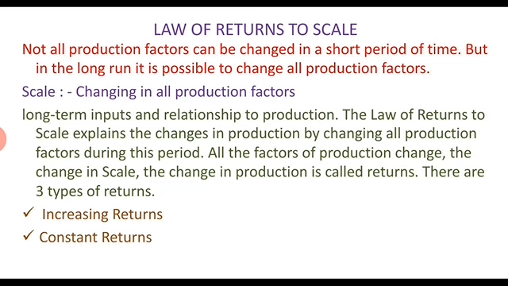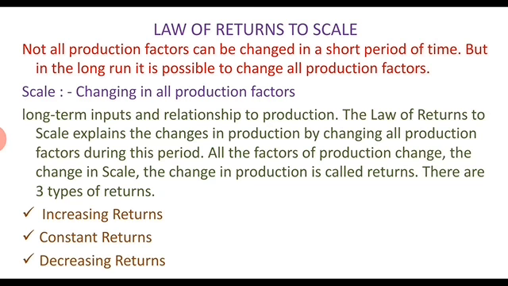More clearly, if all inputs are increased by 10% and output also increases by 10%, then constant returns to scale prevails. Up to a certain point, division of labor is possible. After such a point, further increase in scale will make returns remain constant.